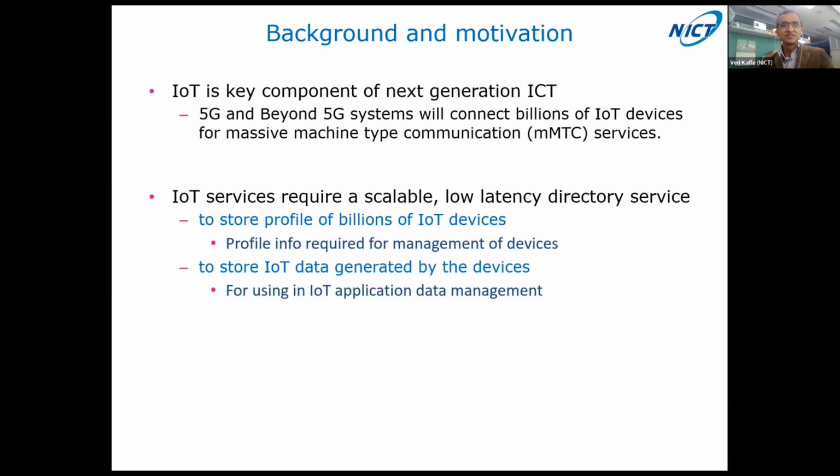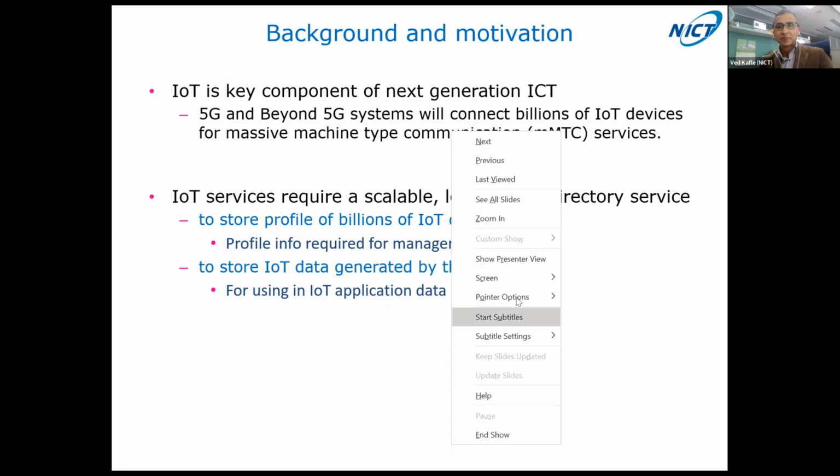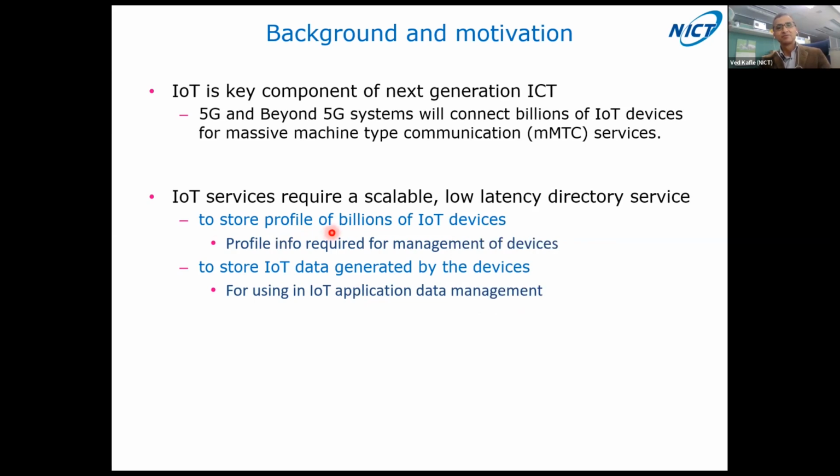So directory service is used to store the profile of billions of IoT devices, and also to store the IoT data generated by the devices. So we have two types of data.